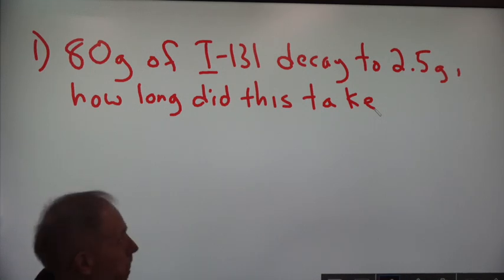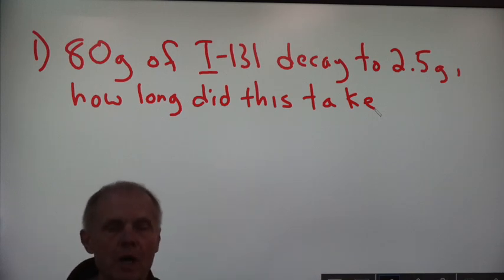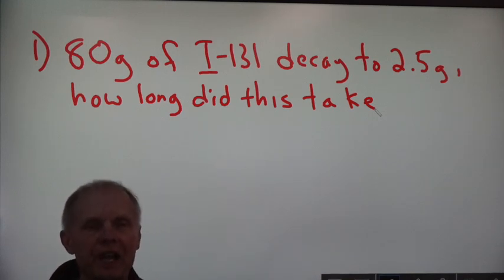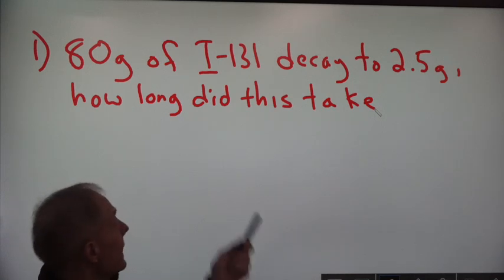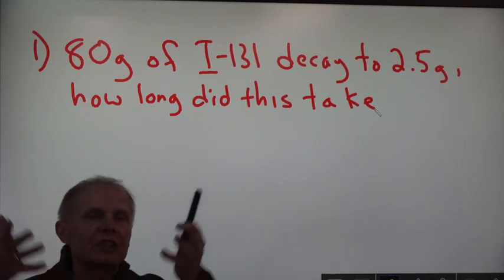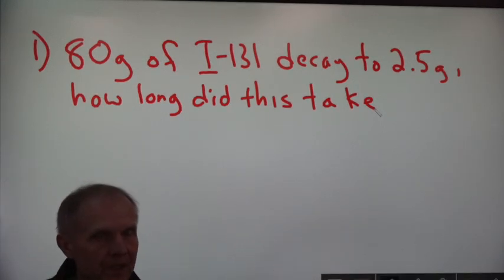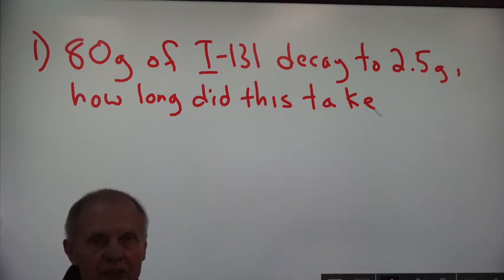Now, iodine-131, if you look on your chart, has a half-life of 8 days. But in a nuclear explosion or in an accident like Chernobyl, iodine-131 is released into the atmosphere. Now, even though it only has a half-life of 8 days, it's a gas.